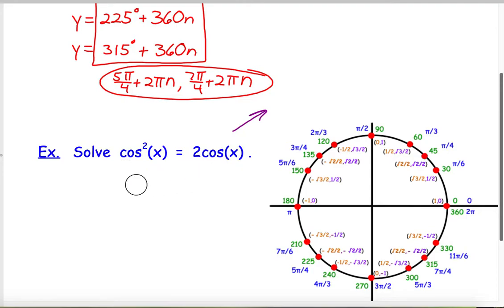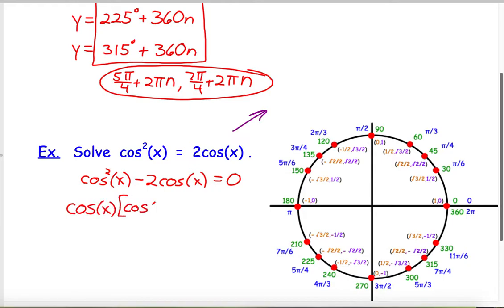So what you always want to do is get everything over to one side and then factor out. So I'm going to have cosine squared of x minus 2 cosine of x equals 0. And now I can use the zero product property. I can factor out a cosine, and then times a cosine minus 2. So I have two possibilities.